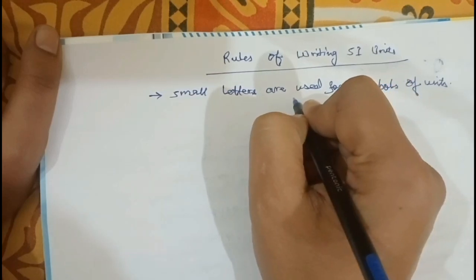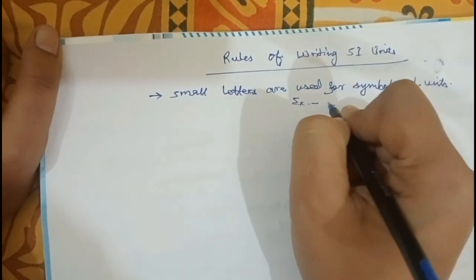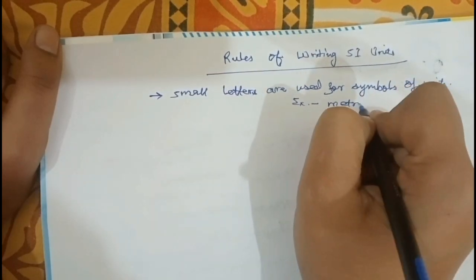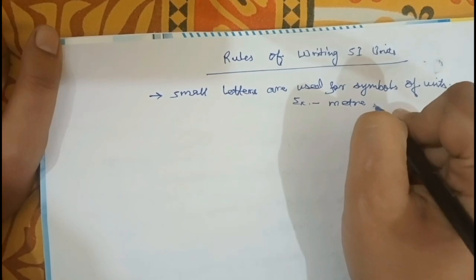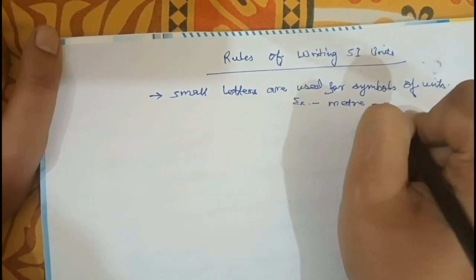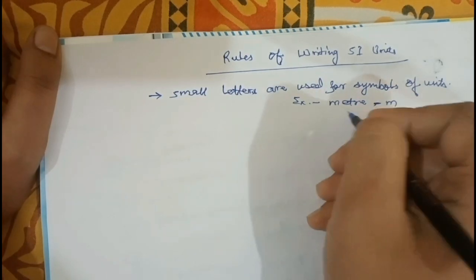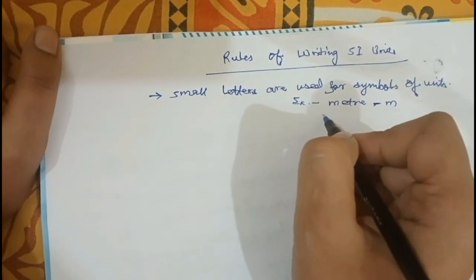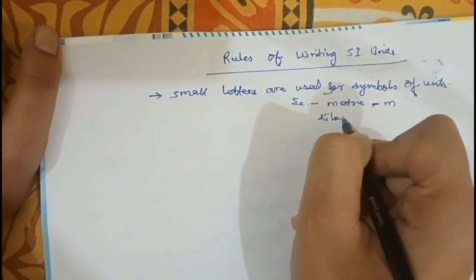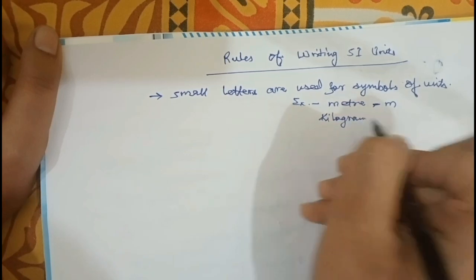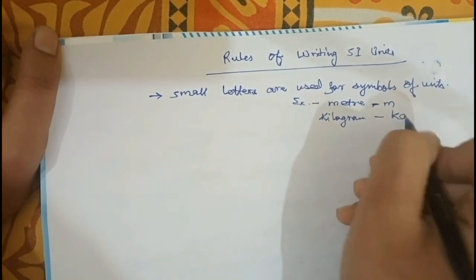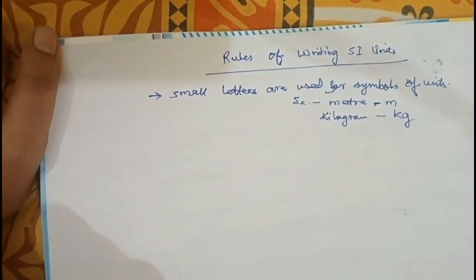For example, for meter, what is written? It is m. Kilogram, what is written? kg. Small letters, not capital K.